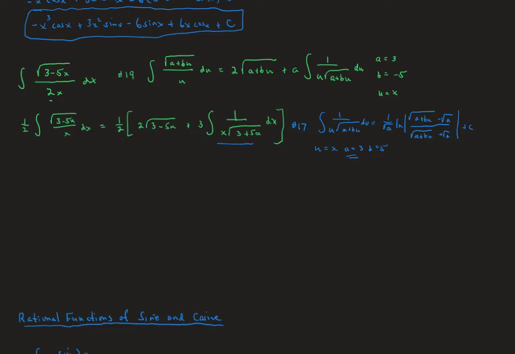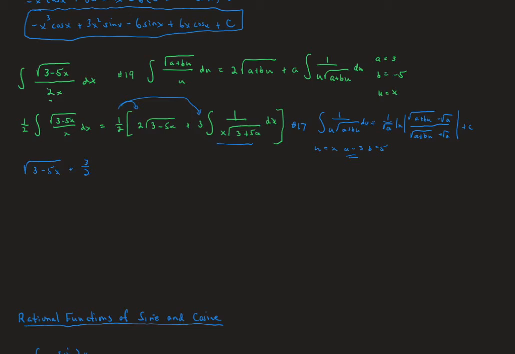So we're going to distribute this 1/2 times these things so we can separate this out. So that's going to get us to just the square root of 3 minus 5x. That was our first part. Then we're going to get 3/2. That's the 1/2 times 3.